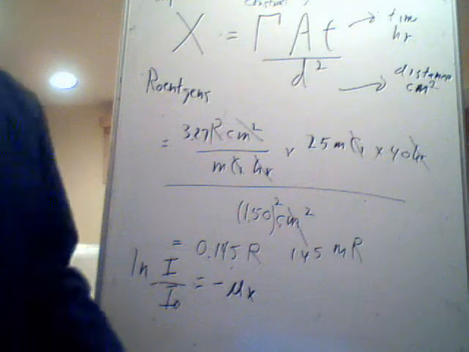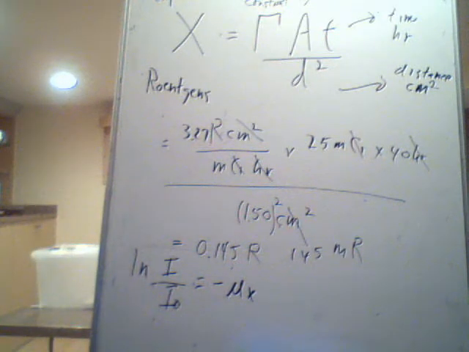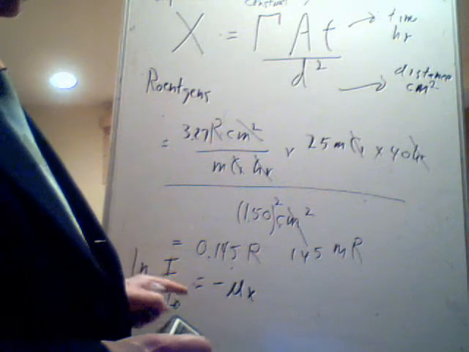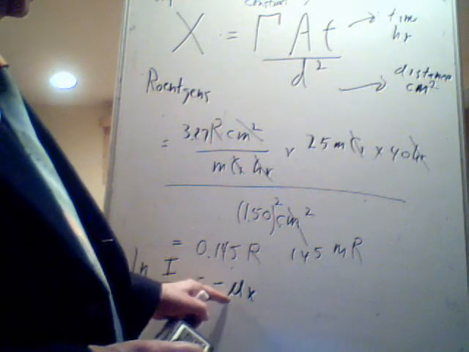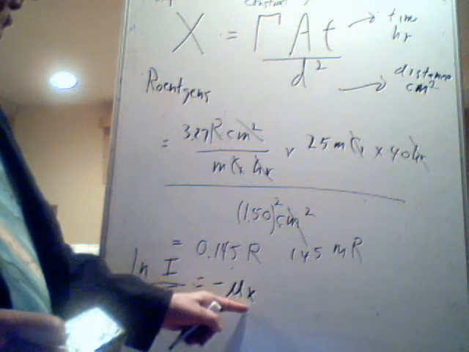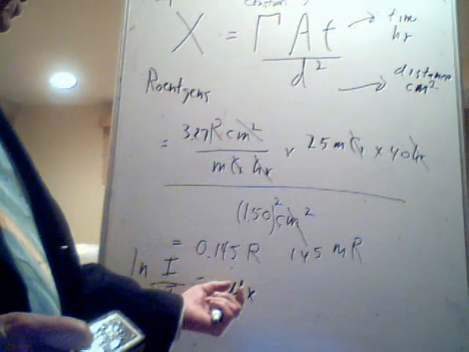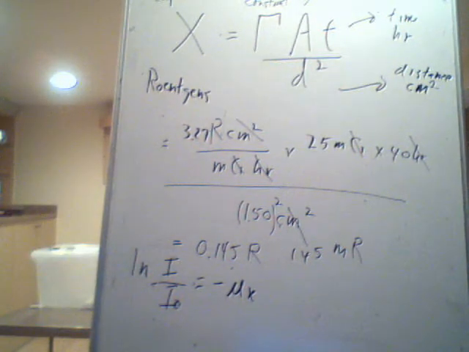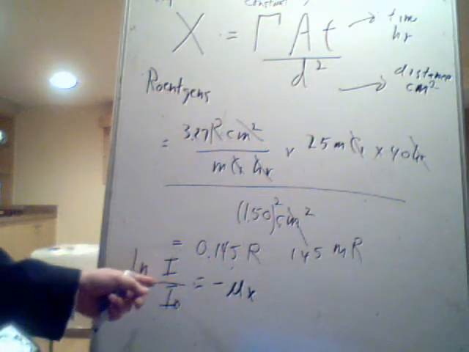So this gives us something called a transmission factor. And the natural log of this relationship gave us minus the attenuation coefficient times x, which is actually the thickness of the shielding. We can express this in another way. We can invert these two things, which is what we did in this chapter.